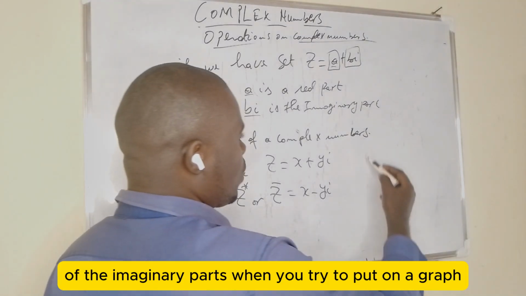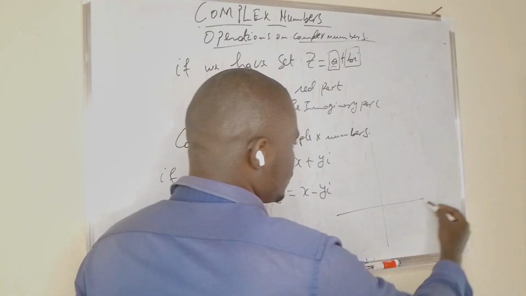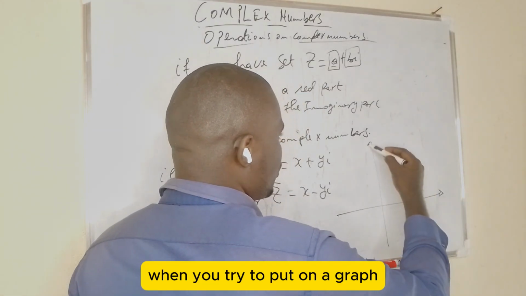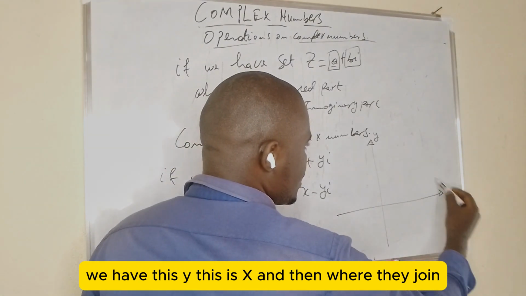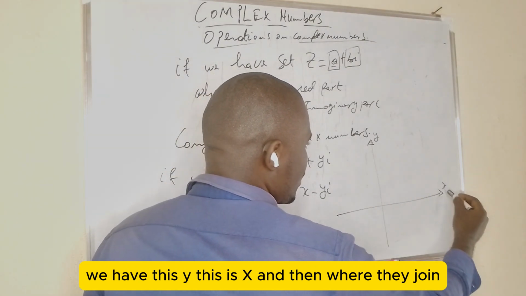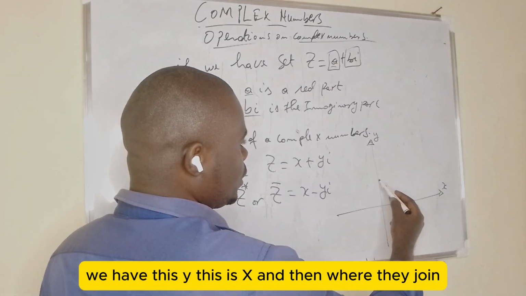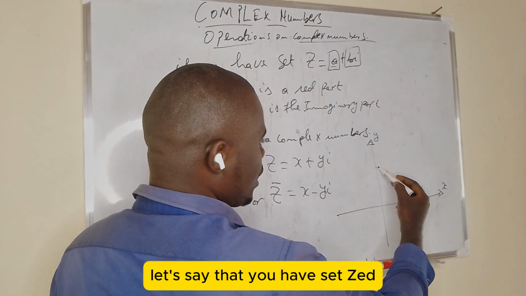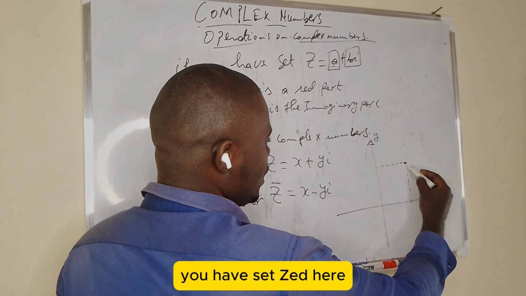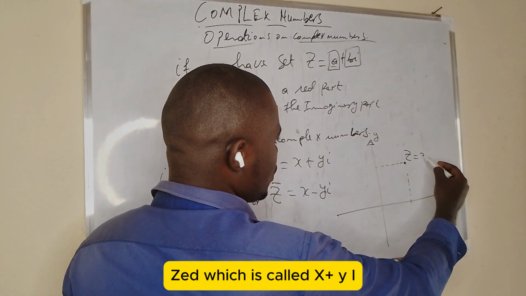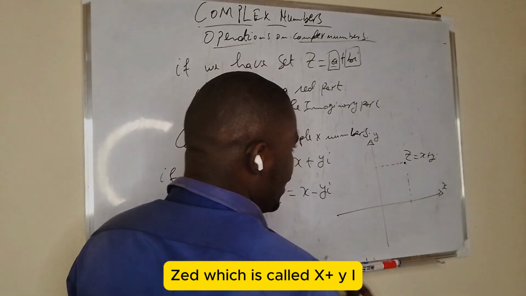When you try to put it on a graph, we have this Y, this is X, and where they join, let's say that we have a set Z, which is equal to X plus YI.